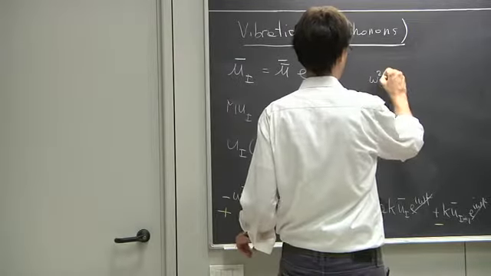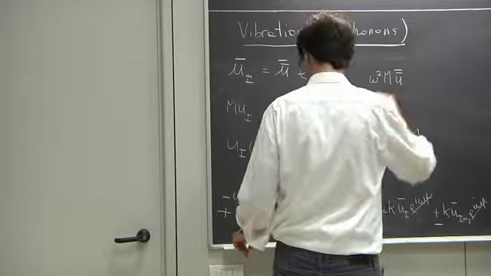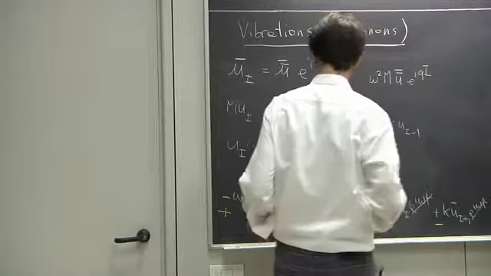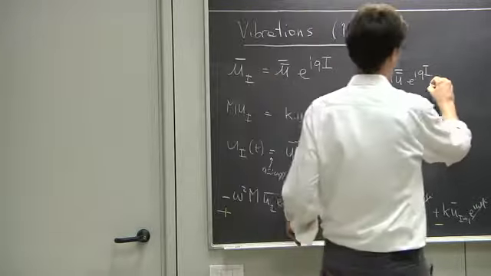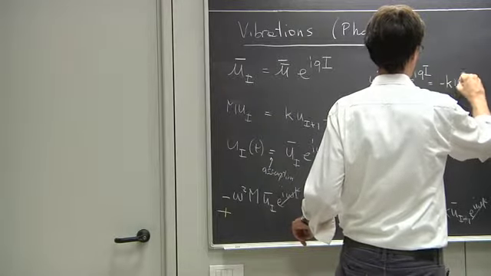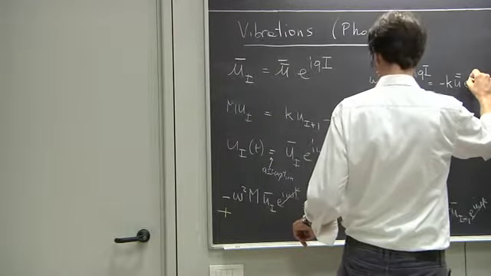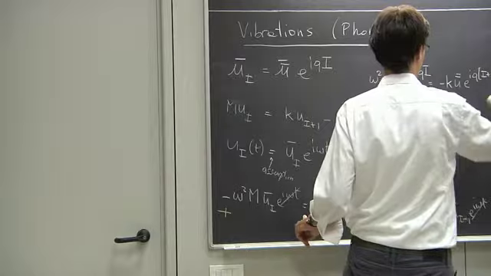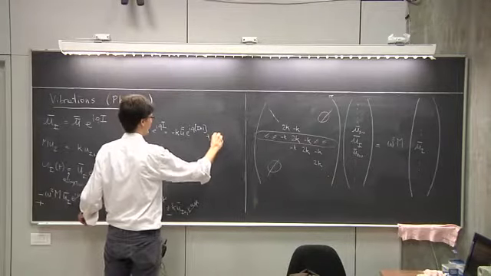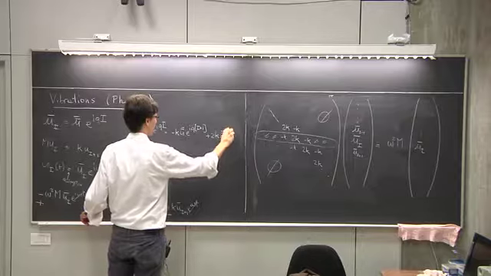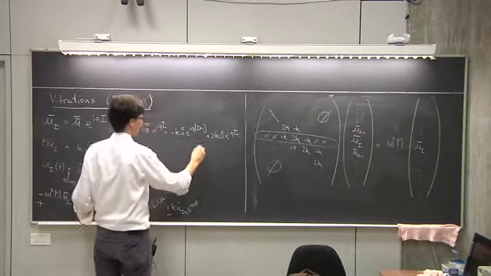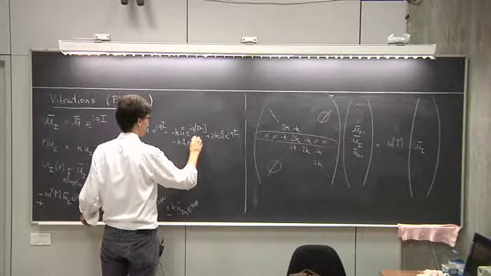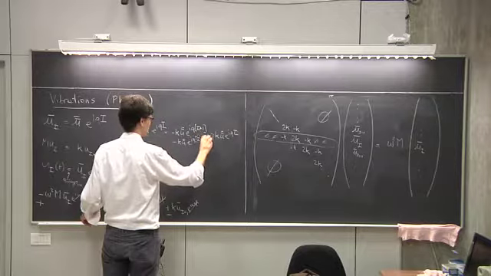So we have omega squared m u double bar e to the i q i equals minus k u double bar e to the i q (i plus 1) plus 2k u double bar e to the i q i minus k u double bar e to the i q (i minus 1).